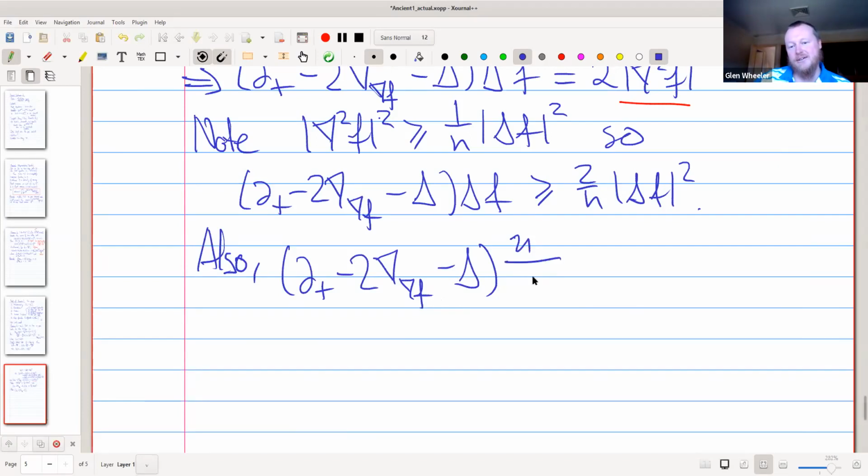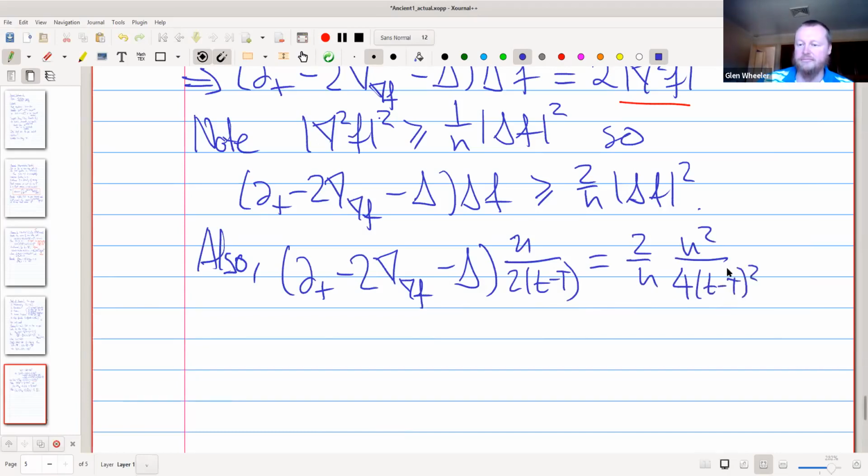But we take n over 2 times t minus t. And what is that equal to? Well, if you differentiate it, it's 2 over n times n squared over 4 times t minus t squared. And now of course this thing here is just the square of this again, exactly the same form as this equation here.